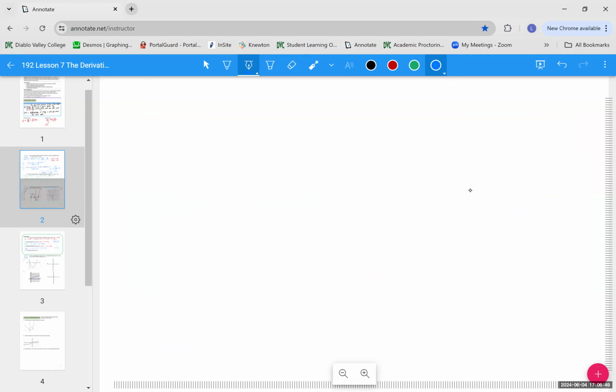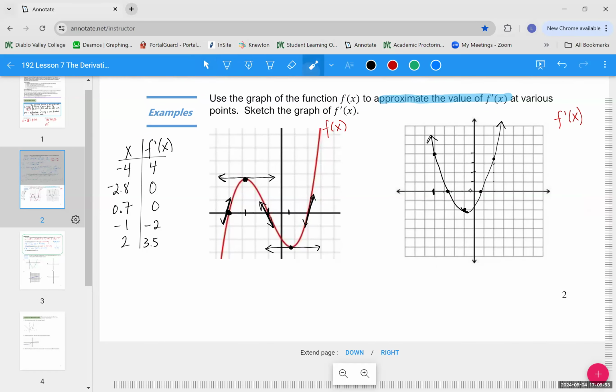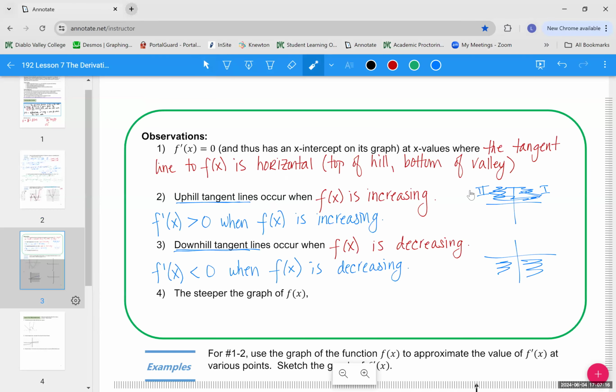So if we go back and take a peek, where my function was increasing, my derivative was above the x-axis. It was positive. Increasing, positive. Where my function was decreasing, my derivative was negative. It was below the x-axis. That's kind of an intuitive piece that I'm trying to point out here so that it makes it easier for you to continue to work on these kinds of problems.